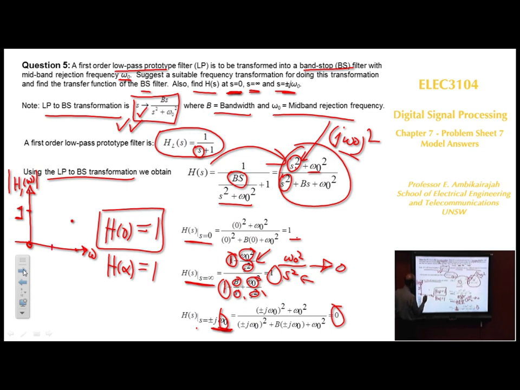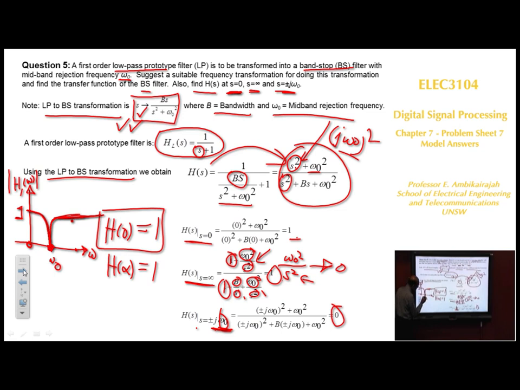But at omega naught, say that position, j omega naught, that's 0. So the graph is 0. What happens is this graph comes down like that, then sharply up, all the way like that to 1.